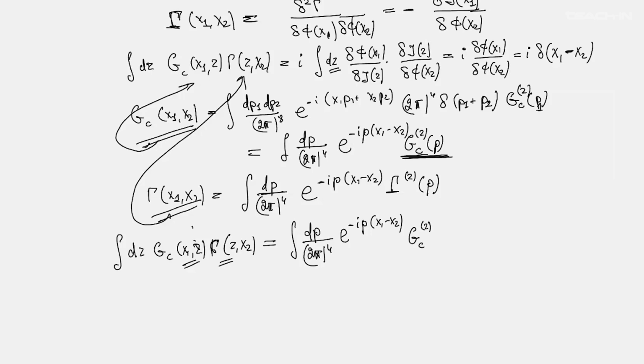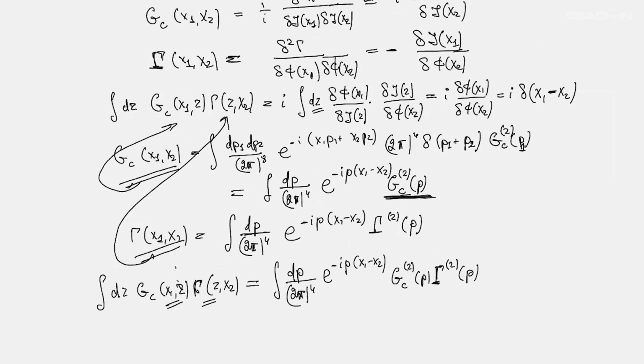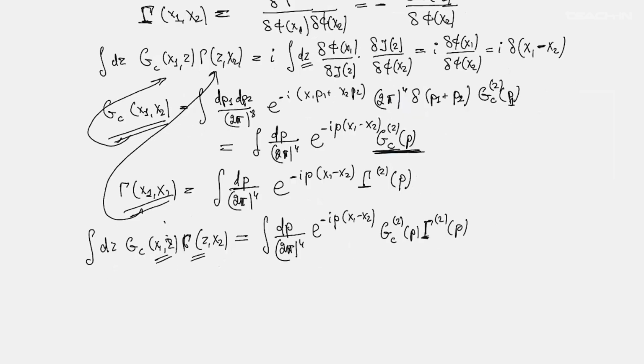And we know that this is equal to I multiplied by delta function. And if I write the delta function in the momentum space, then this is I dp over 2 pi in the power 4 exponential minus ip x1 minus x2.